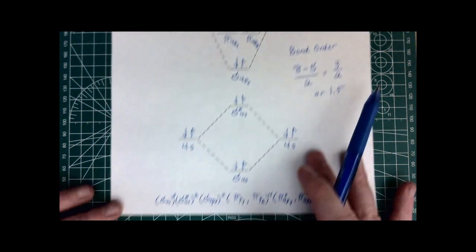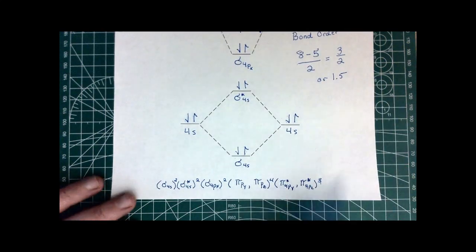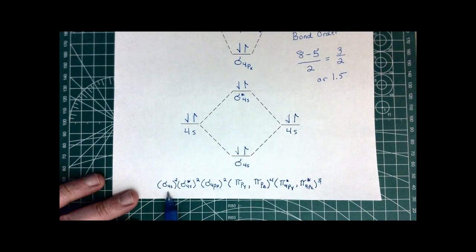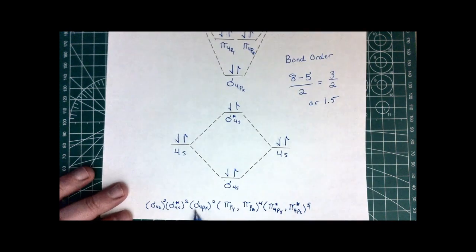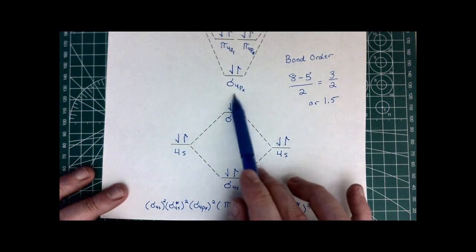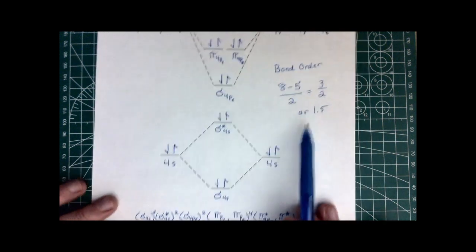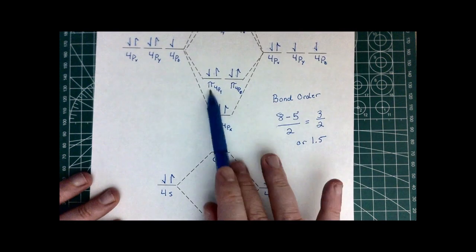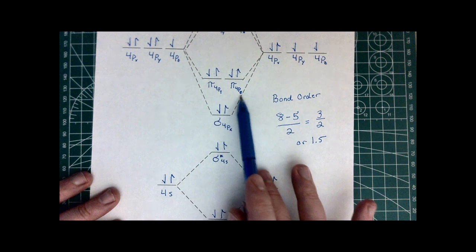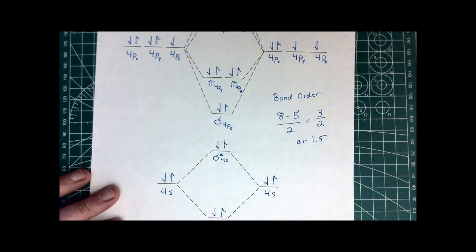If we want to write our electron configuration for that bromine molecule, we have our sigma 4s with 2 electrons, our sigma 4s star with 2 electrons, and our sigma 4px with 2 electrons. We've got the pi 4py and pi 4pz bonding orbitals with 4 electrons.